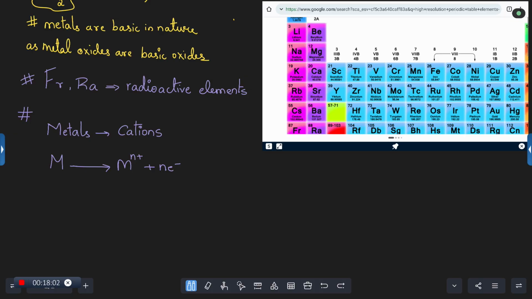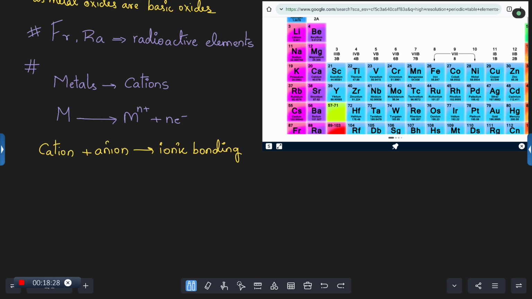If it is forming a cation, what type of bonding can it make? What bonding can you call it? Ionic bonding, right? When a cation and an anion combine together, they form ionic bonding. Now, how is this ionic bonding formed? By transfer of electrons from the metal towards the non-metal.